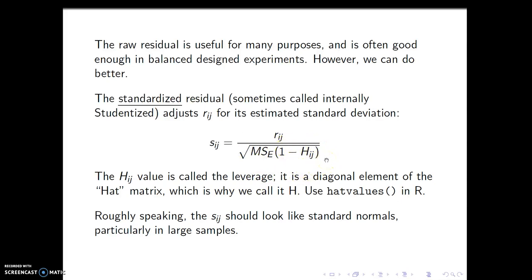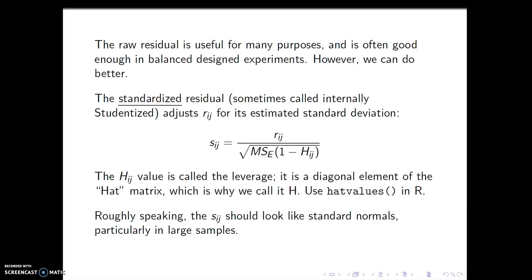When I teach regression analysis, we do a lot of work into understanding this hat matrix. I'm not going to do that in this class. You can see the hat values in R using this command. These should more or less look like standard normal random variables. If we have a large enough sample size, they really should. If it's a smaller sample size and we have a little bit of heavy-tailedness or something, I just don't worry about it.